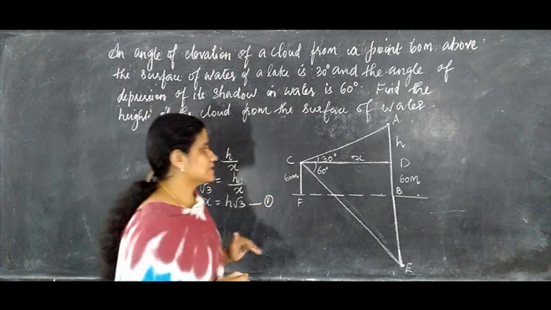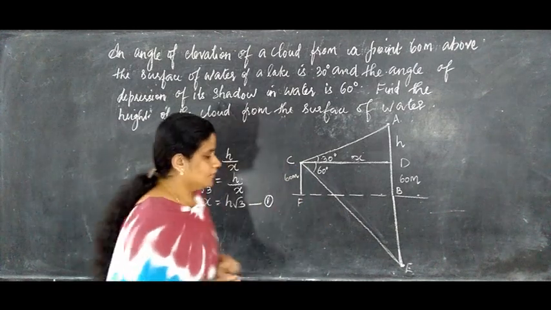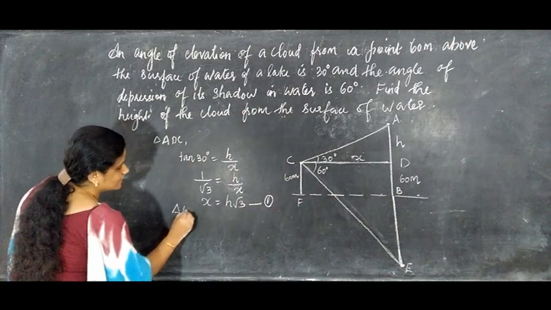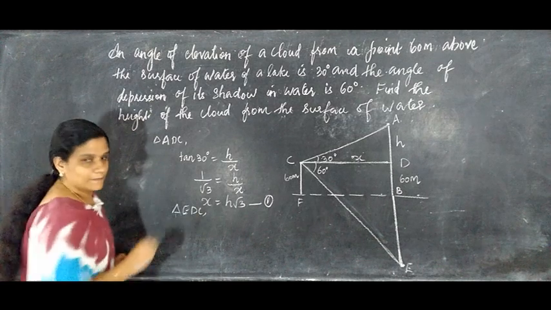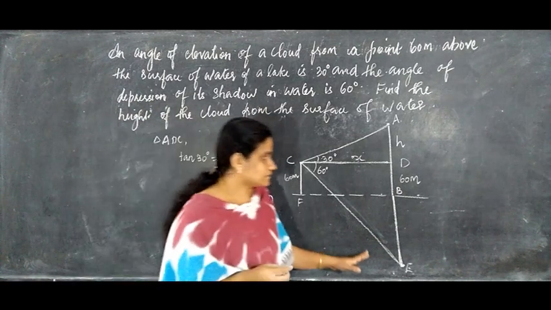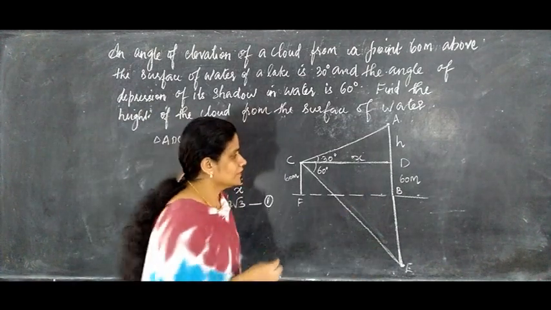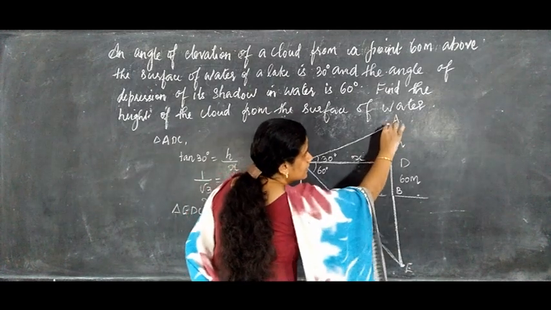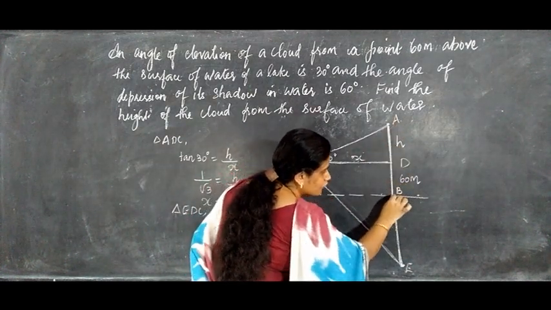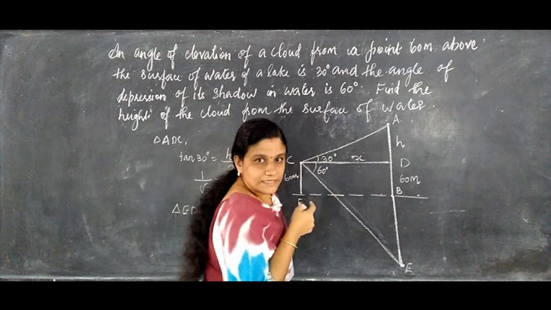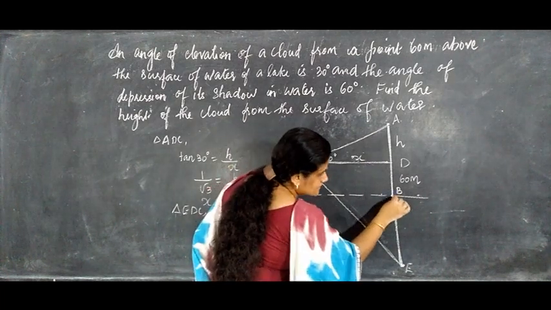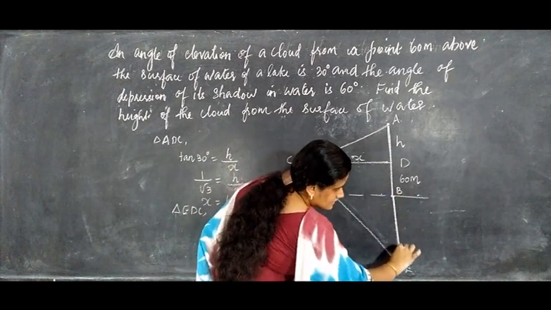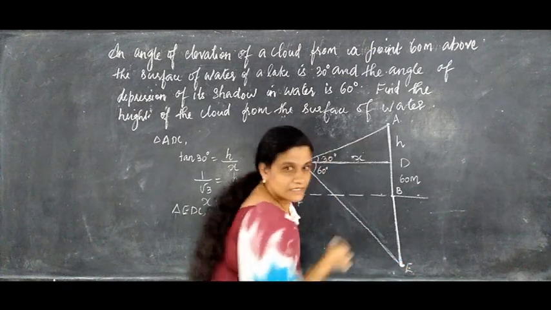Now, consider the next triangle, the right triangle EDC. Here you just see, this is the height of the cloud from the water level, and this is the distance of the shadow of the cloud.